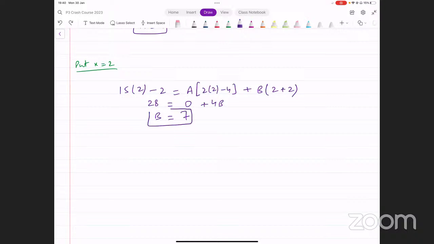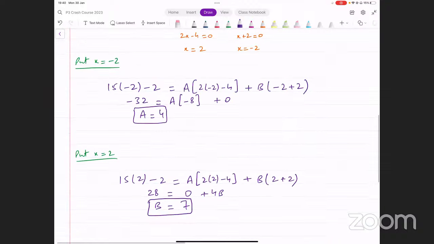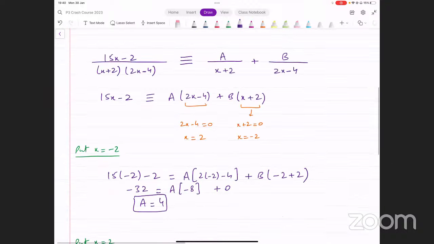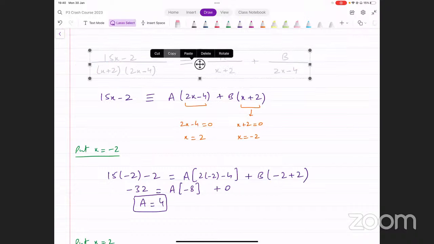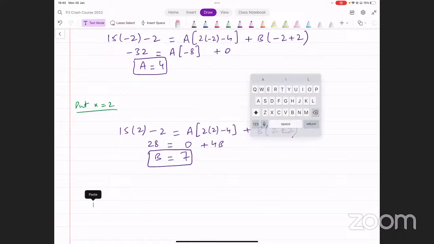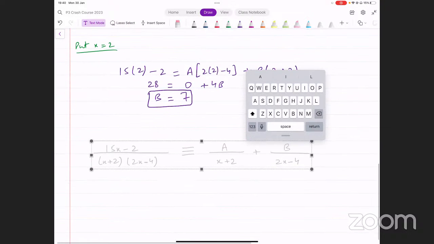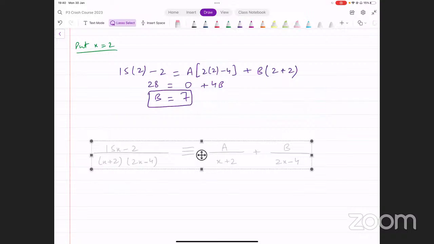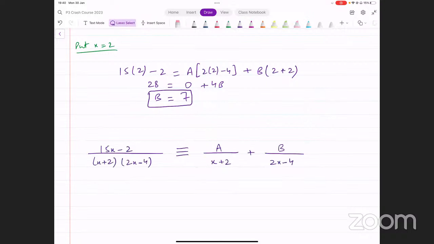So we find the values of the two unknowns, a and b. We've got them now. We just input them back in these partial fractions, and we can say these are the partial fractions that we were looking for. In place of a, we can input 4. And in place of b, we can input 7.